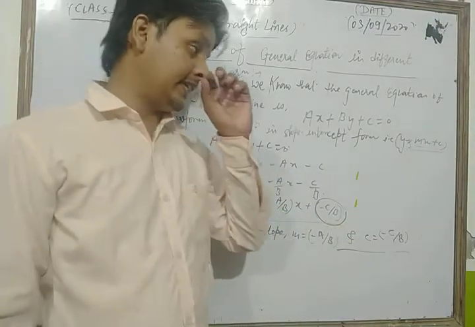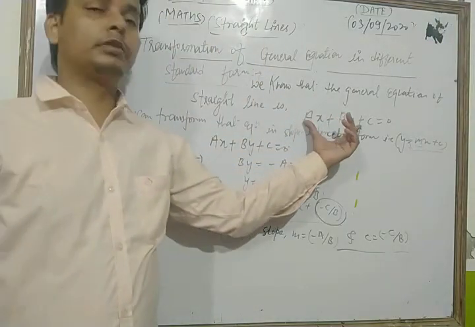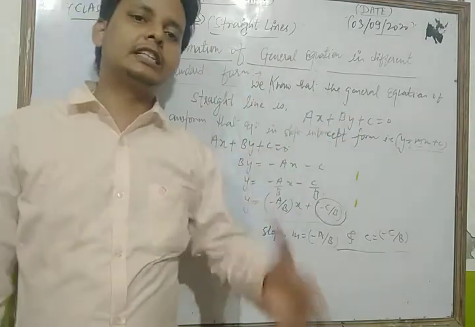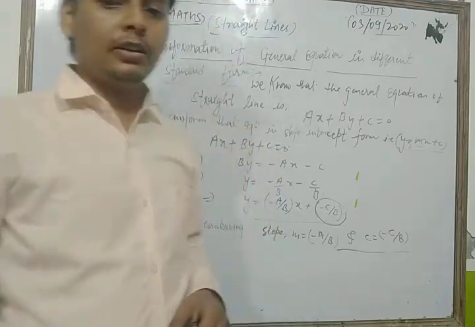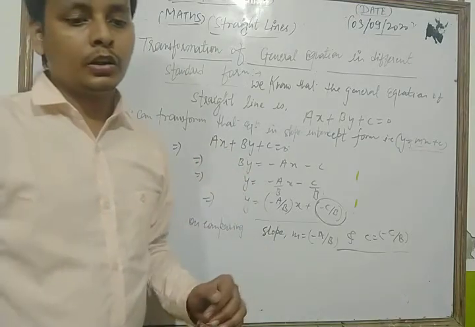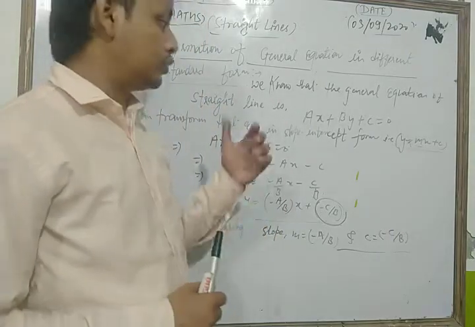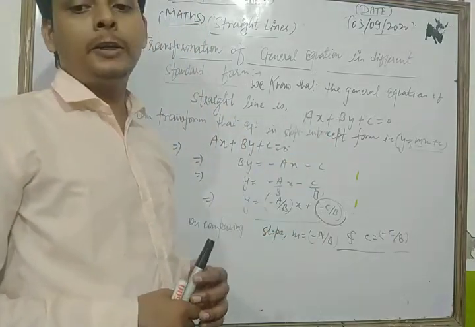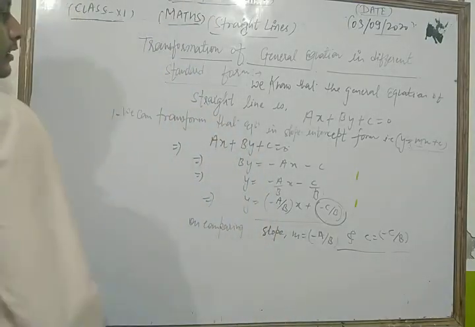So dear student, in this way, from that type of equation, we can easily find the slope and y intercept of the line. This is one of the most important topics of your NCERT. Now we can also transform that equation of line into intercept form.